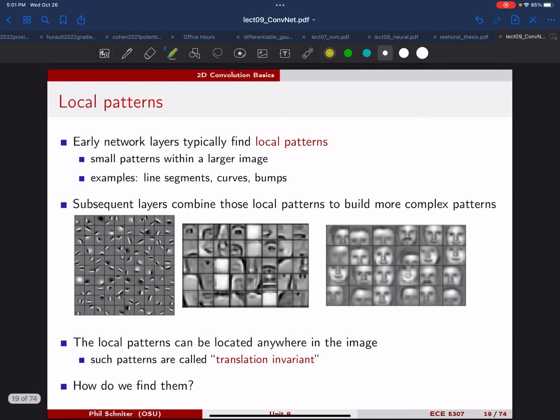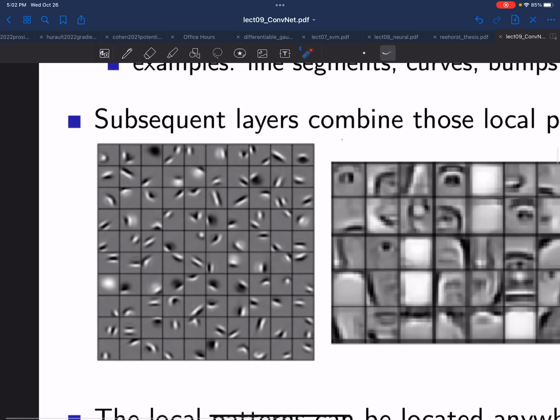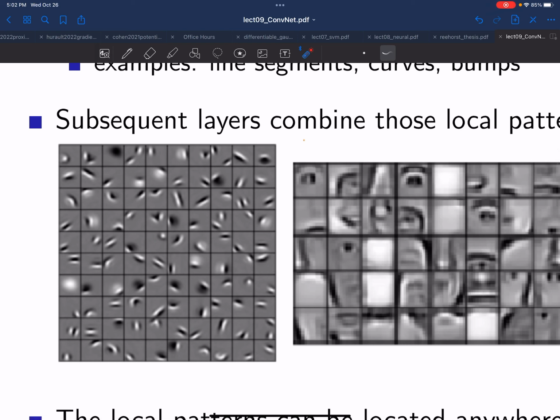start our journey with convolutional layers, essentially, as I mentioned before, when you look at what's happening in the early layers of a neural network, you're trying to find these little building block patterns. And the little building blocks might look like things like this. So in these pictures, gray would be 0, white would be positive, and black would be negative.